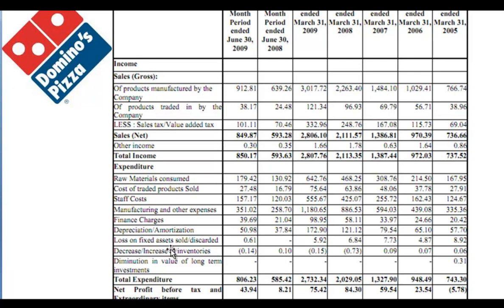So they have to pay money to buy new goods and stock their godown, or maybe there's some kind of storeroom with all these ingredients. But that doesn't go into the cost of goods sold that year, because that is not used in that period to make the pizza. It's probably used in the next financial period. So this basically represents that most likely.